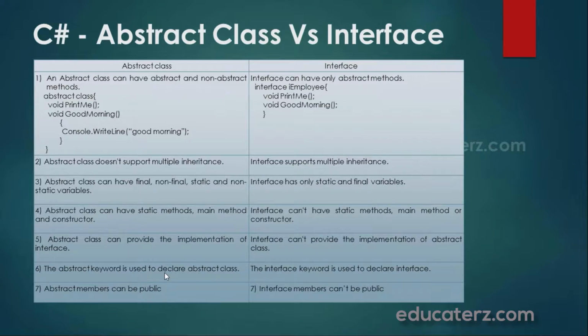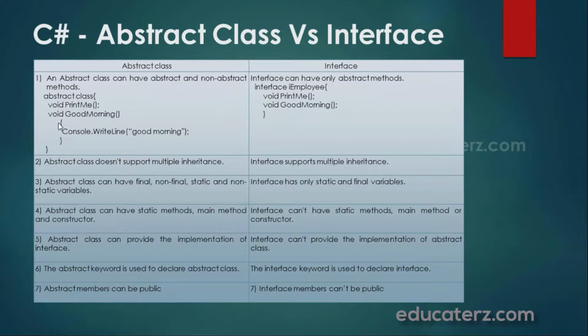The abstract keyword is used to declare abstract class. The interface keyword is used to declare interface. Like here we have the interface keyword, and in this place we have used abstract class. This is as straightforward as creating a class, but we prefix it with the abstract keyword. So that will become an abstract class. Remember that abstract class can have abstract and non-abstract methods.